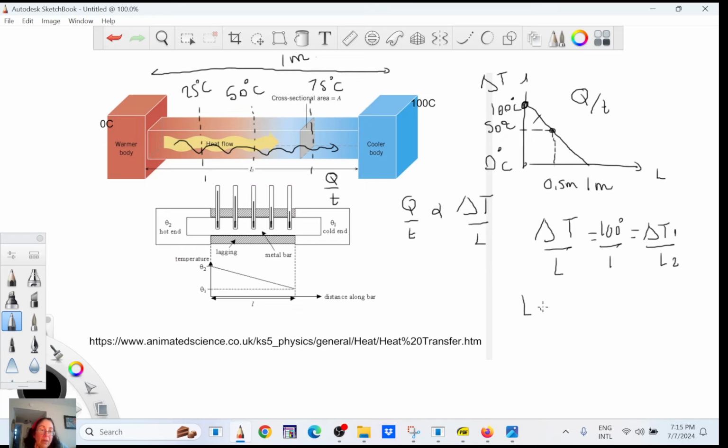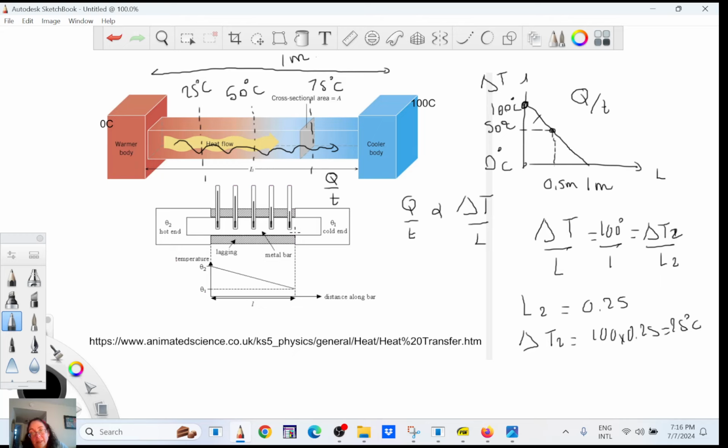So if L2 equals, I don't know, 0.25, you can find delta T2 will be 100 times 0.25, that will be 25 degrees Celsius. So at any place here, you can find the temperature. So you can do an experiment like this.